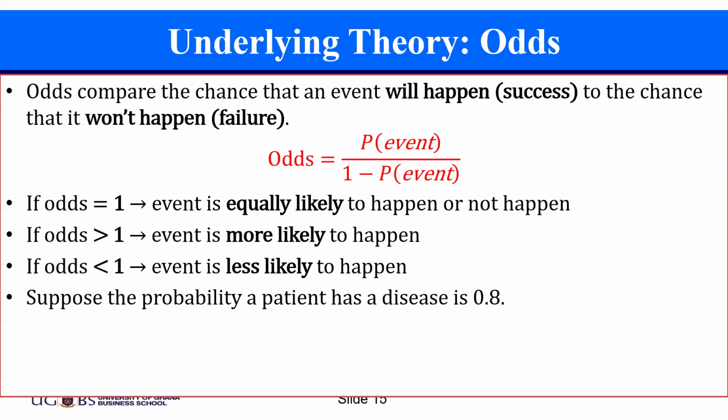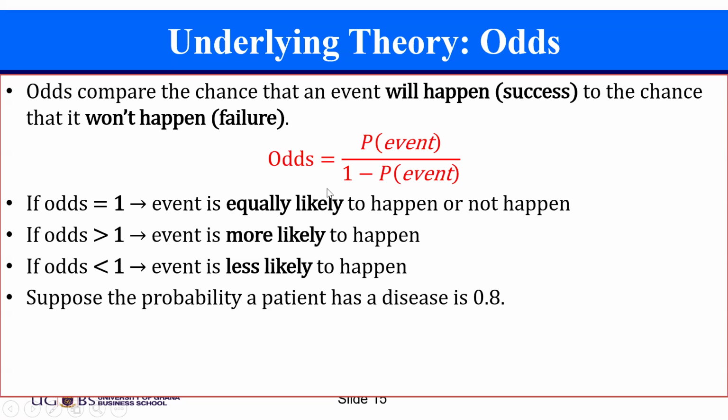Using the formula, 0.8 over 0.2. Good. Which gives you what? 4. Very good.